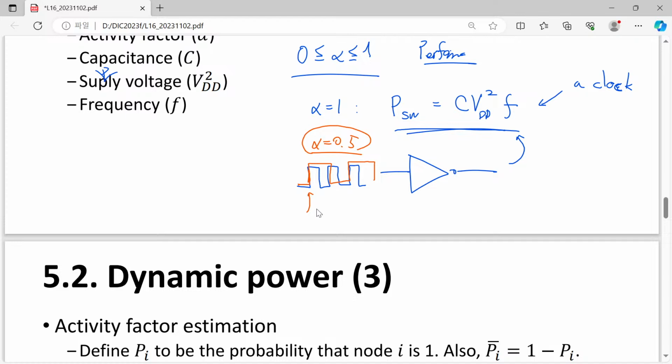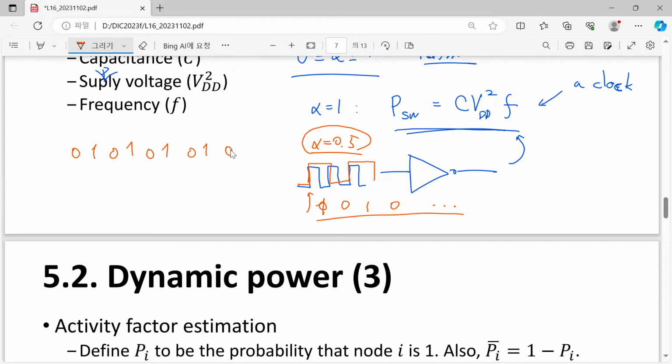I mean that it is always saying 0 1 0 1 0 1, but that doesn't happen very frequently. Because when we consider certain information, your information is not like this way, 0 1 0 1 0 1 0 1. This one is not a typical way.